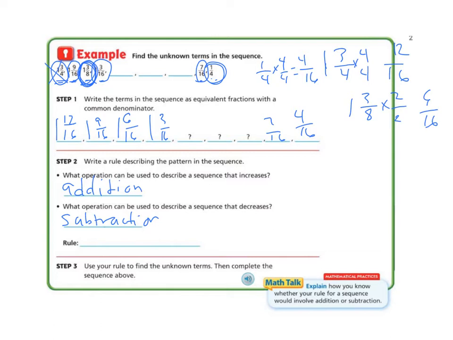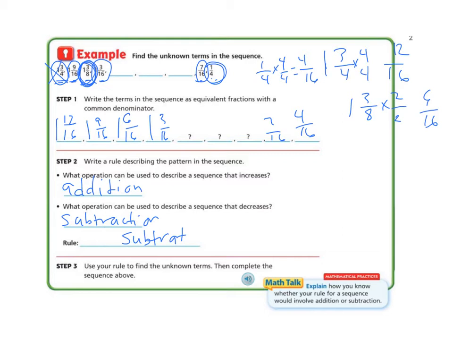Well, I started with 1 and 12/16, and then I had 1 and 9/16, 1 and 6/16, 1 and 3/16, and then down here we don't even have a whole number anymore. So we know that we're subtracting, right? So subtraction is going to be part of our rule, and we need to know what fraction we're subtracting by.